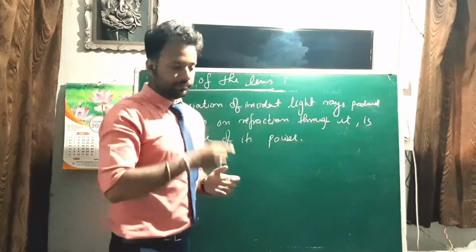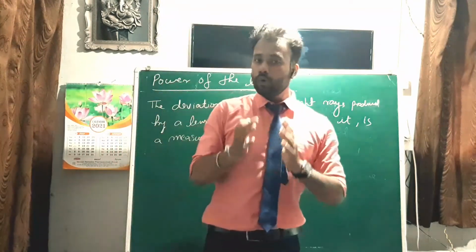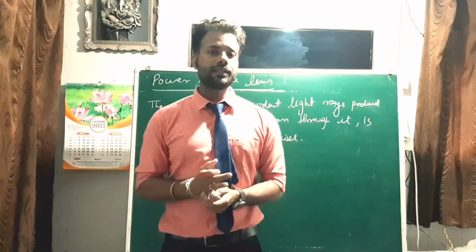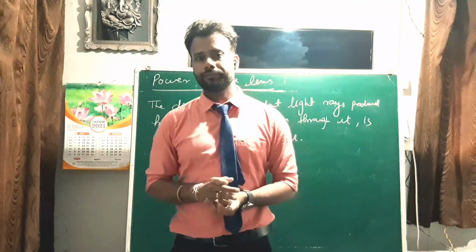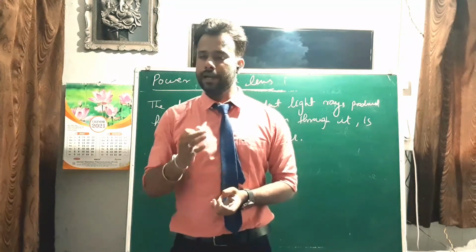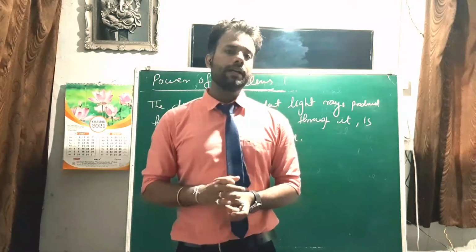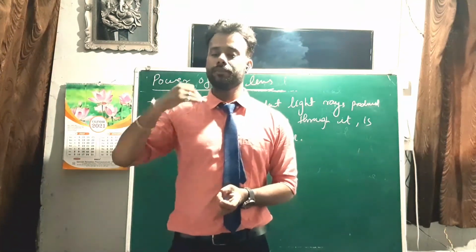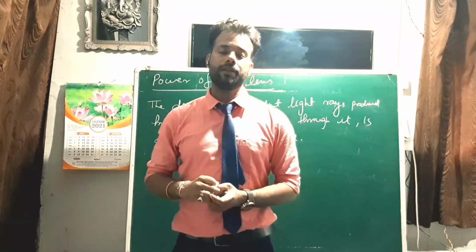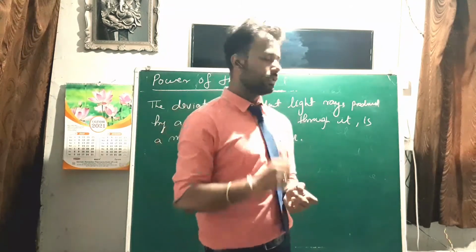It means how quickly a lens bends the light. If it bends the light very quickly, that means power is more. If it bends after some time or takes a distance to bend, it means the power of the lens is less. Let's take 2 examples.